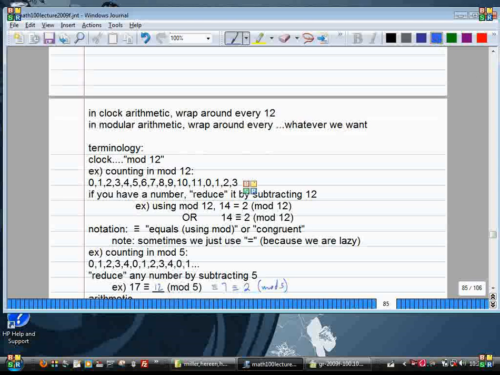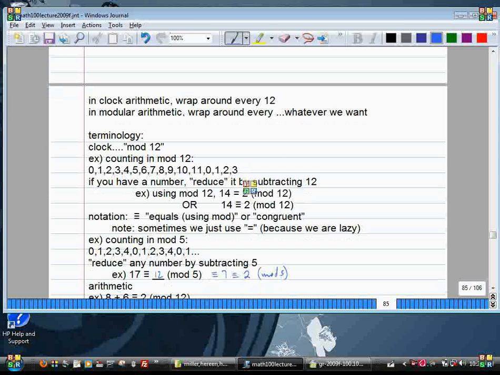Typically, when we talk about working in mod 12, or in this case working in mod 5, we usually try to use the primary representative, and the primary representative is anything from 0 up to one less than the number. So generally when we say reduce, that means knock it down to 2. Okay.